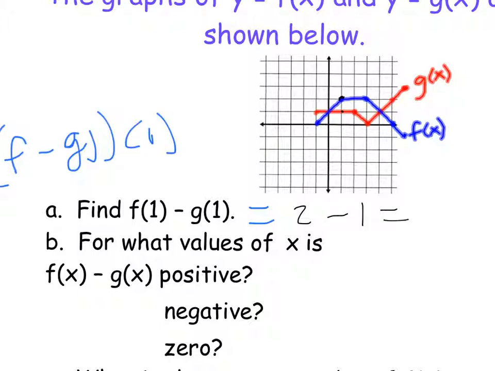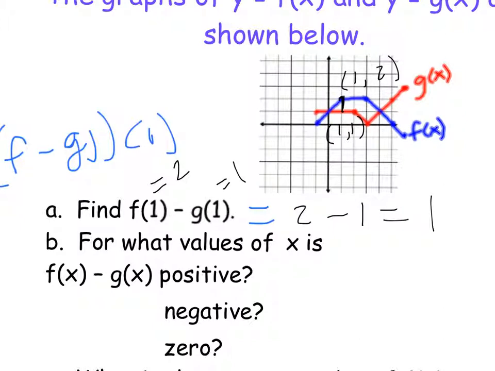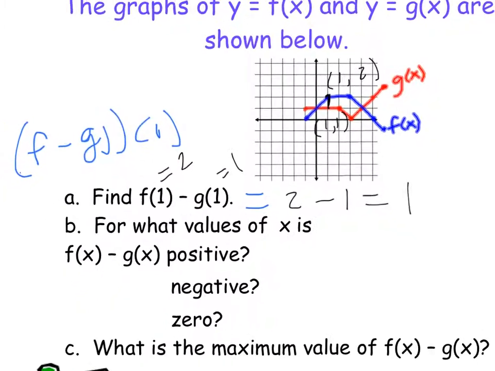It looks to be 1, okay? And this, again, comes from the fact that f of 1 equals 2, g of 1 equals 1, 2 minus 1 is 1. And what this means on the graph is there is a difference right here of 1 unit, okay? Because again, this point on function f has the coordinate point 1, 2, and for g, it's the coordinates 1, 1. And what I'm really doing is just subtracting the y values, okay?